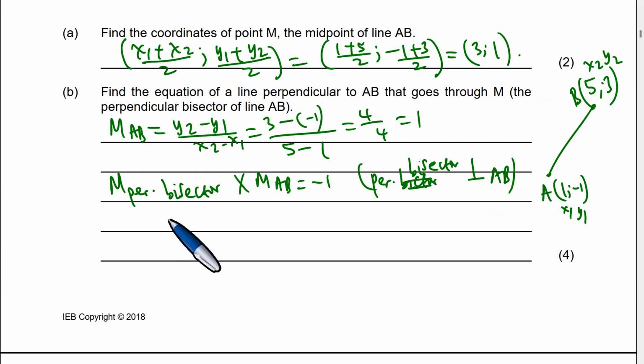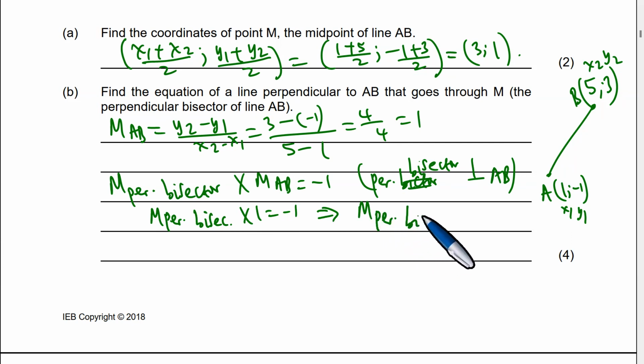What is the equation of the perpendicular bisector? The gradient of AB is 1. So in other words, we put here the gradient of the perpendicular bisector times 1 is minus 1.